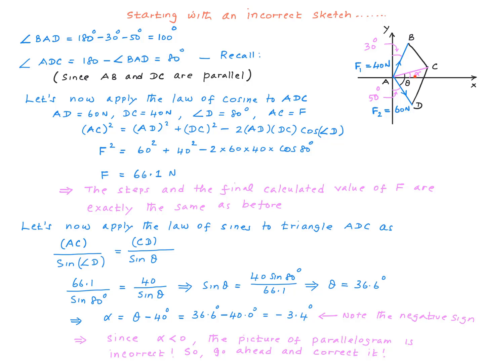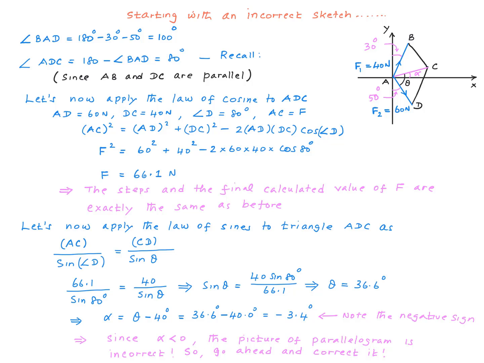And I'm still marking the angle that the resultant makes with the x-axis as alpha, but of course this time the alpha has been marked above the positive x-axis. Alright, so the next thing we're going to do is to find this angle theta using the law of sines, and here are the details. And we ended up having a value of 36.6 degrees for theta. The details are once again identical to what we did earlier.